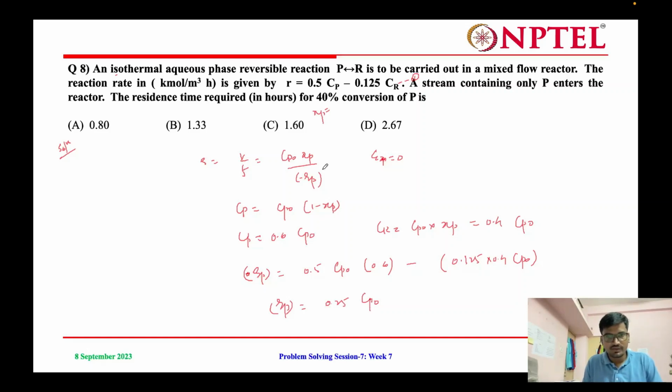Now put this value in the equation. Tau is equal to V by Q equal to Cp naught into 0.4 by (0.25 Cp naught), so 1.6. So the residence time is 1.6 hours. Option C is correct.